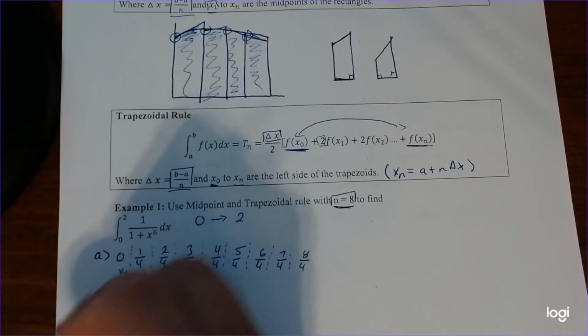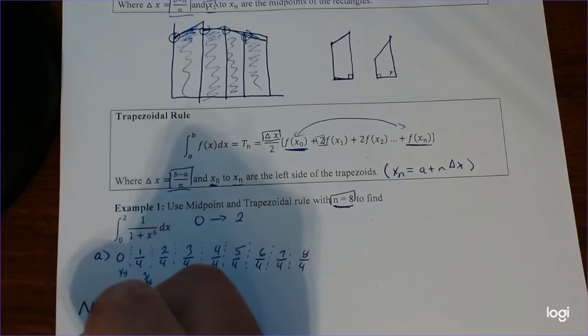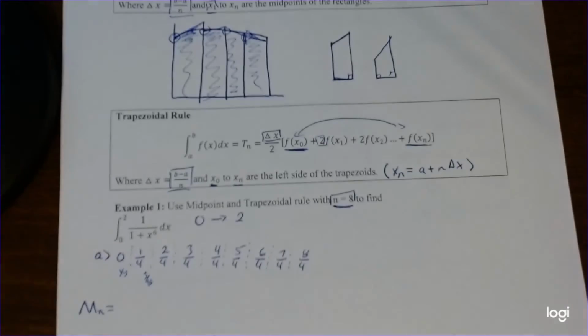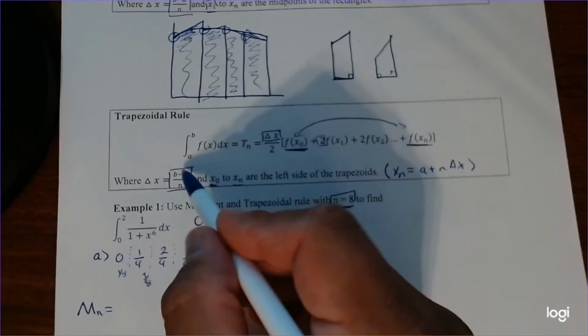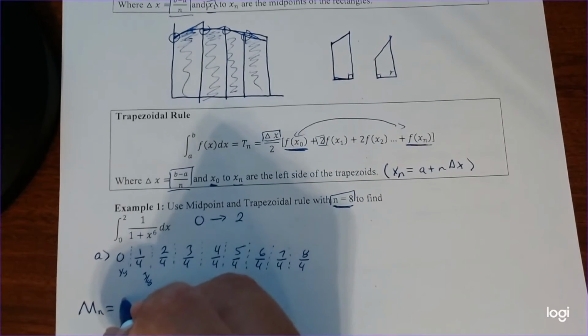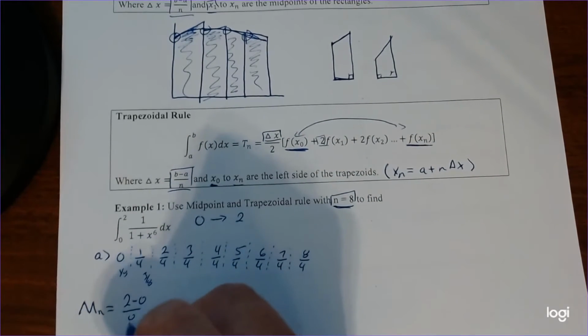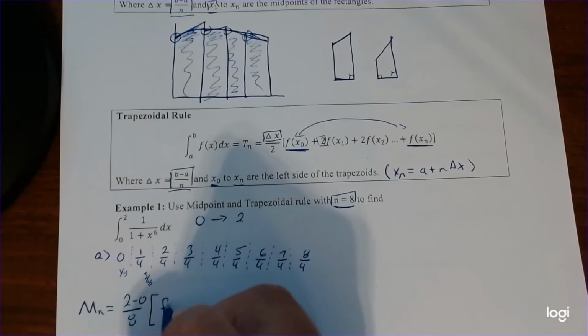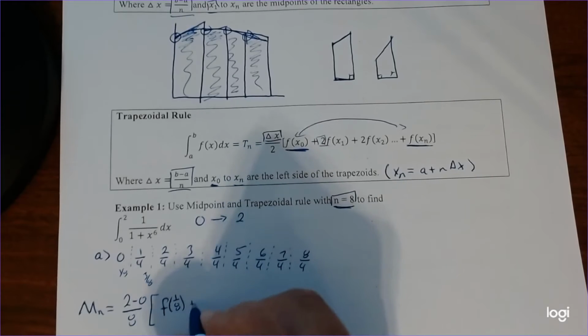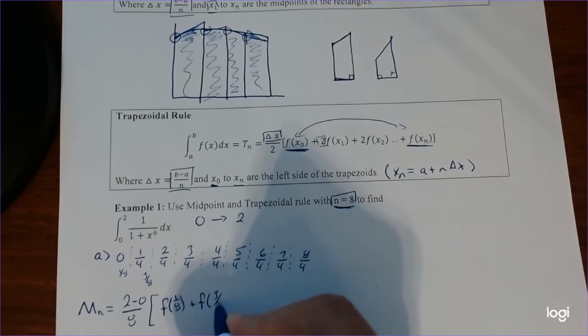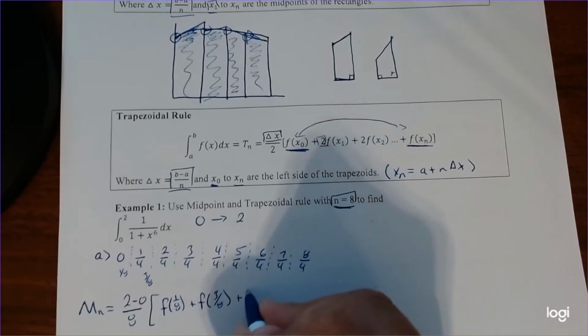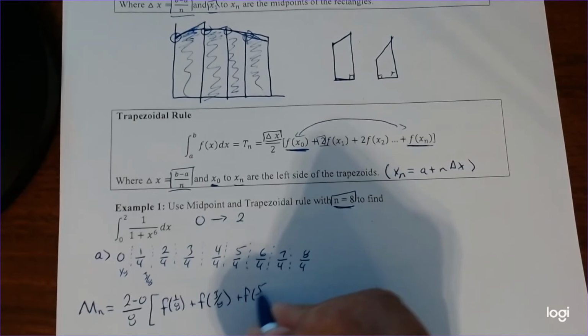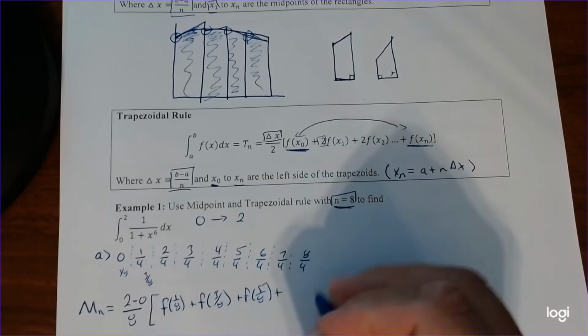So in that case, when we want to find the midpoint Riemann sum, it's going to be delta x, which is 2 minus 0 over n, which is 8, times the function at each midpoint, so f of 1/8 plus f of 3/8 plus f of 5/8, and so forth down the line.